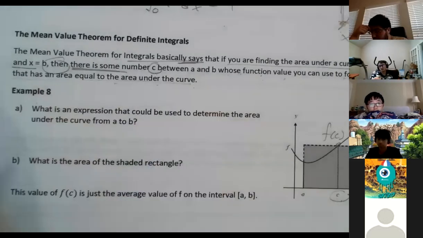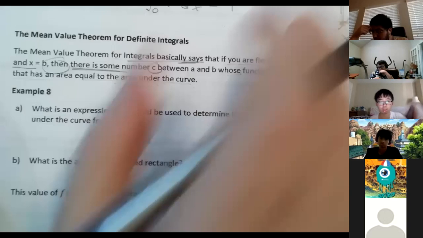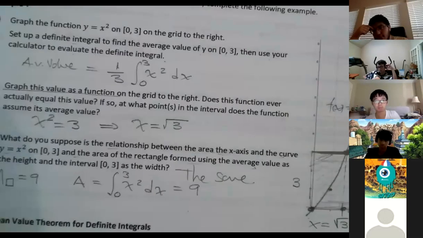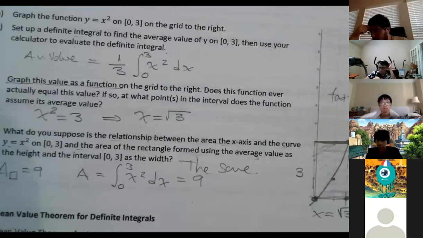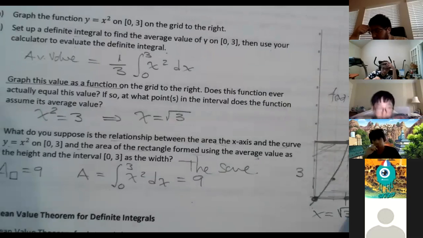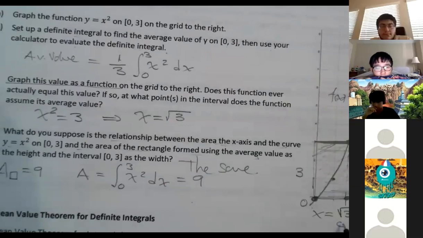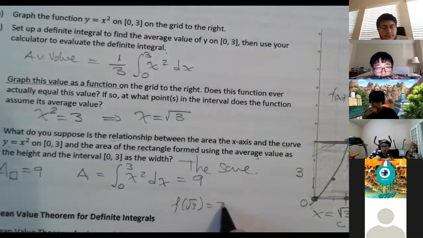So basically, on the previous example, this is the value c between 0 and 3. And how much was f of the square root of 3? 3, right? In this particular example, f of the square root of 3 was equal to 3.